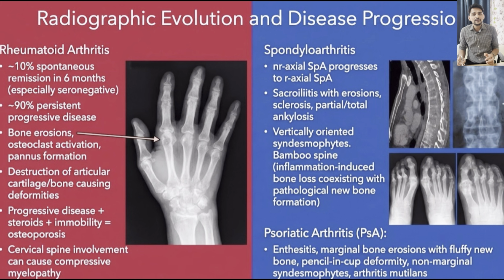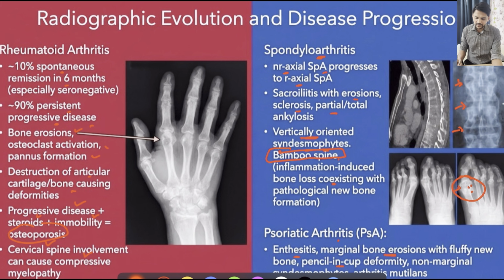And finally, it might destroy the articular tissue leading to arthritis mutilans. So here in this particular image, we can see there is bone erosion as well as fluffy new bone formation. And this is marginal bone erosions, again a hallmark feature of psoriatic arthritis. And the image on left side, here we can see the pencil in cup. This is pencil kind of appearance in cup deformity, which is again the hallmark feature seen in psoriatic arthritis.